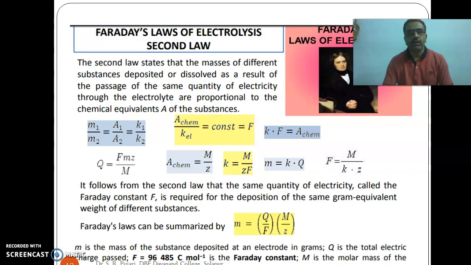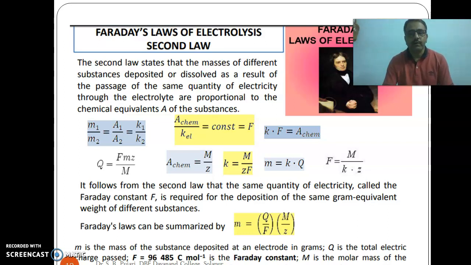The second law states that the masses of different substances deposited or dissolved as a result of the passage of the same quantity of electricity through the electrolyte are always proportional to the chemical equivalents of the substances.